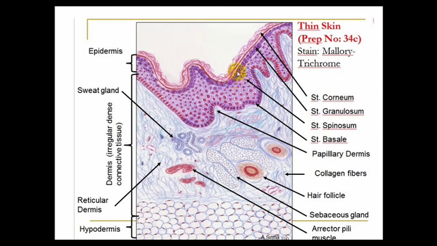Above it is the stratum lucidum. And this zone is located only in thick skin, like the palms and soles. At the outermost is the stratum corneum, which is made of dead keratinized cells.